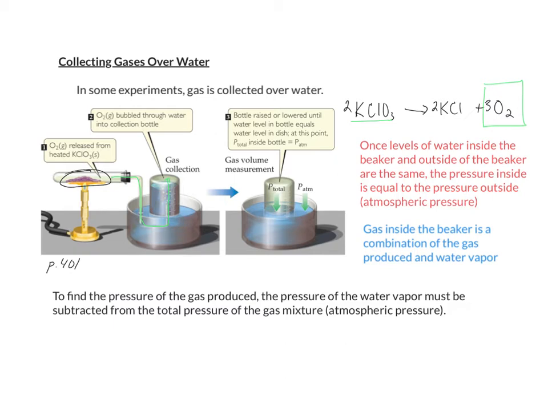Now, as it's being collected, it's going to start taking up space. And as it takes up space, it's going to push down this water. And it's going to keep pushing and pushing as it's collected in that space until the water level on the inside and the water level on the outside are equal.